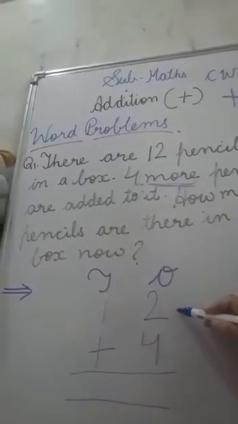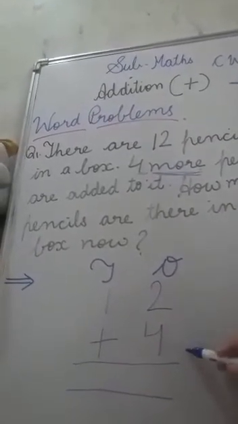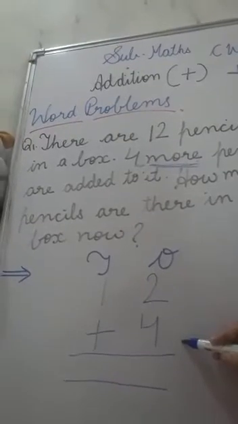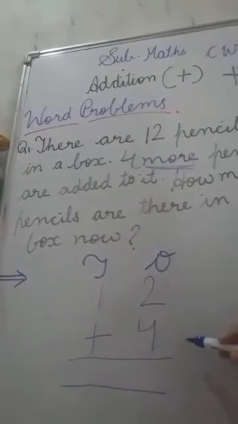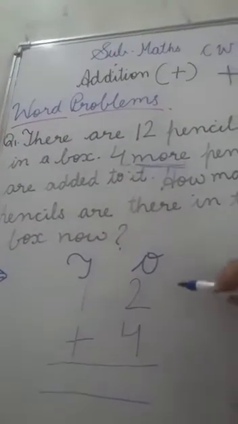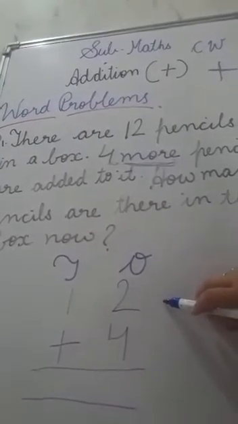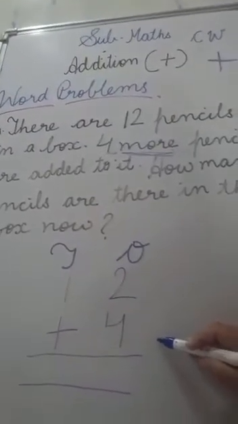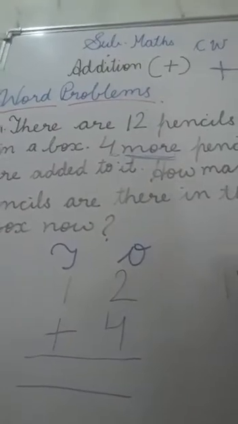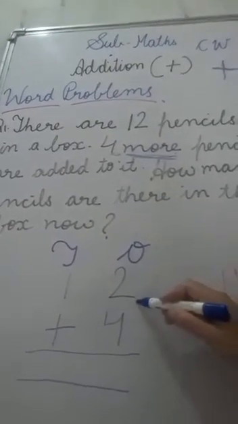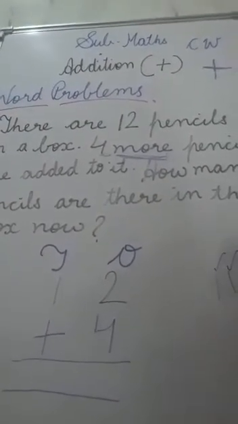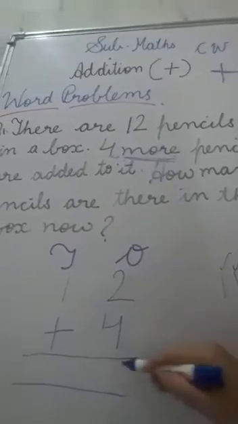So hurry up. It's 2 plus 4. Keep 2 in your mind. Then add 4 after this. After 2, start counting. It's 3, 4, 5 and 6. Yes.